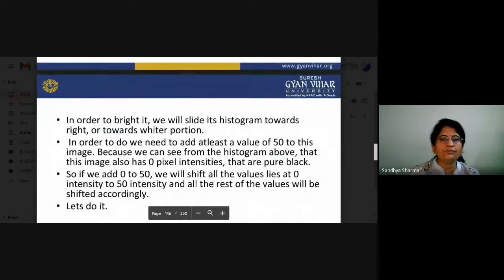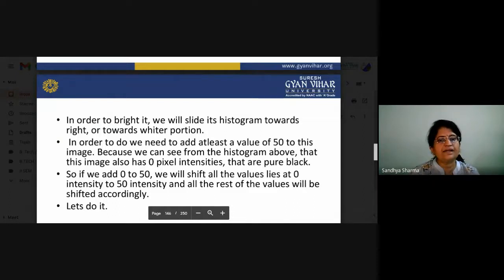In order to brighten it, we will slide its histogram towards the right, towards the whiter portion. We need to add at least a value of 50 to this image, because we can see from the histogram that this image has pixels of 0 intensity, which are pure black.